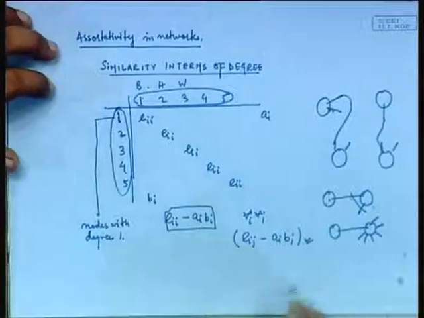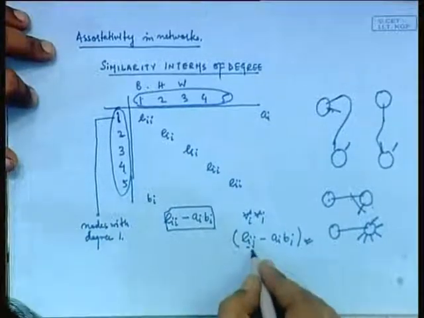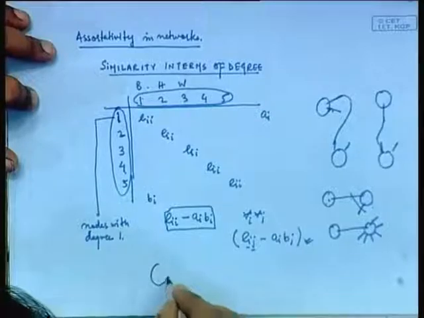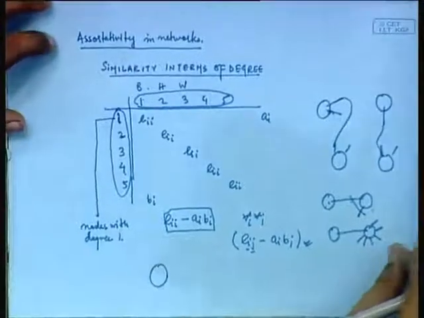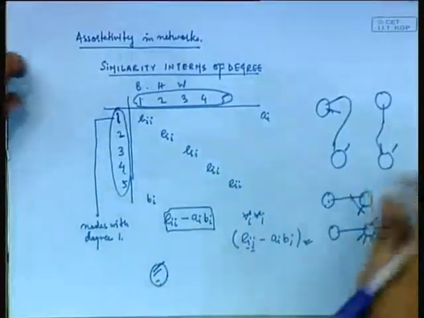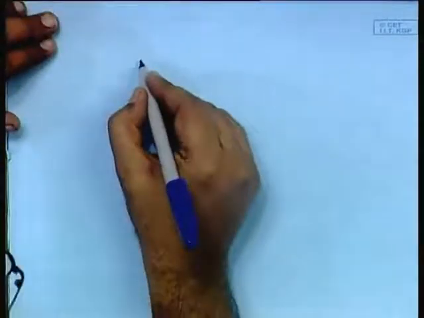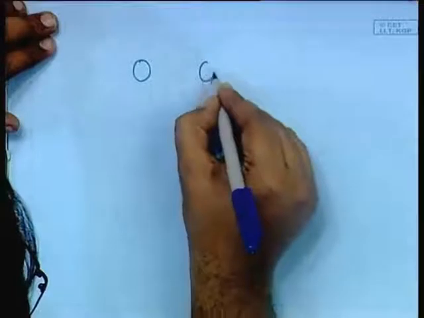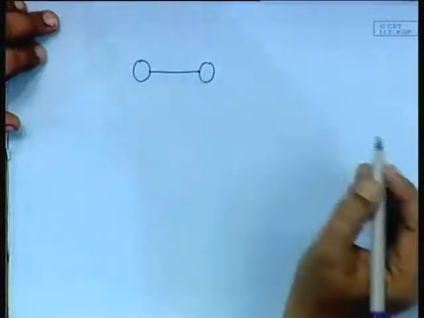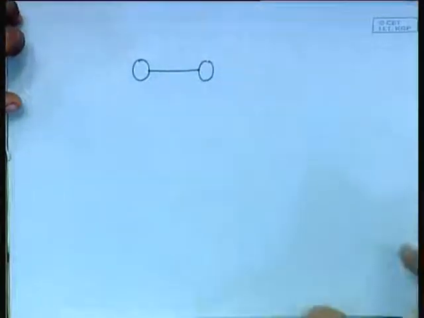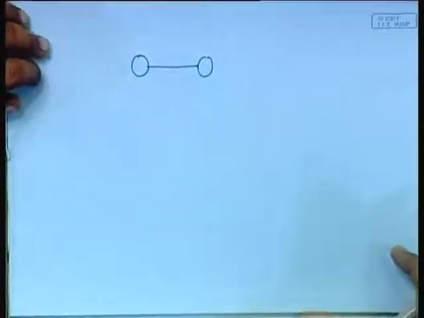So, this way things can go on. Just to think what is i and what is j, I will mention one more concept which is important from the networks perspective, not from the associative perspective. You take these two nodes and you have a connection.